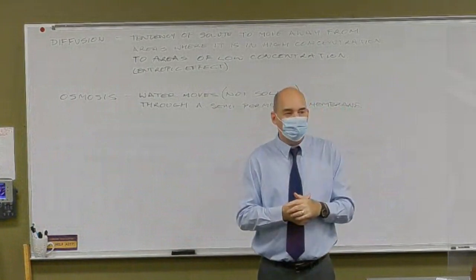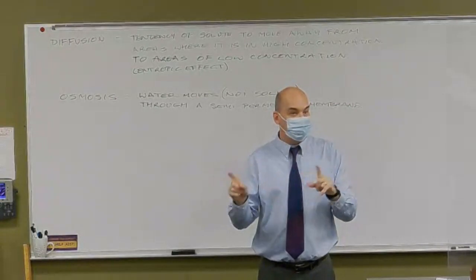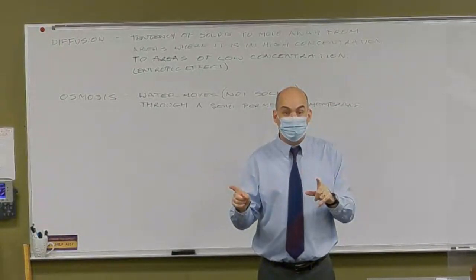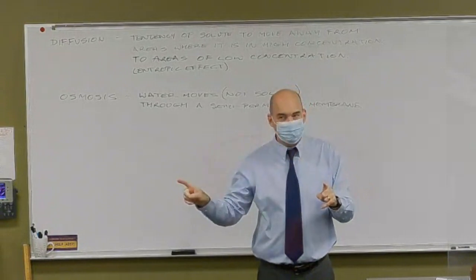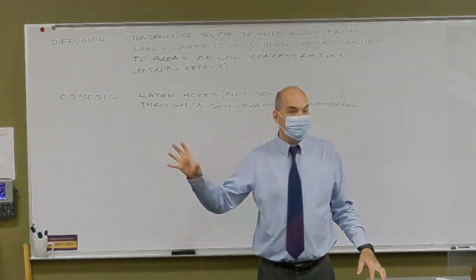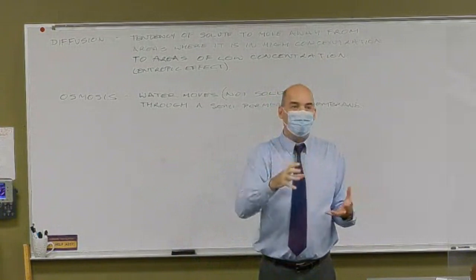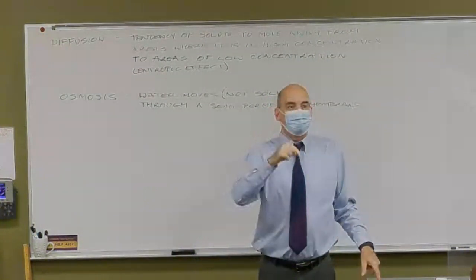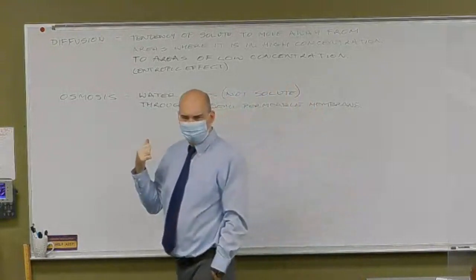We call that situation isotonic, that the concentration inside the cell and outside the cell are the same. But instead of the salt moving from one place to the other, what we get instead is that the water moves either from outside the cell to inside the cell, which would blow the cell up if the concentration of salt inside the cell is larger than the concentration of salt outside.